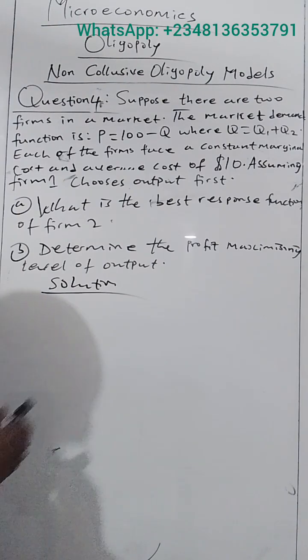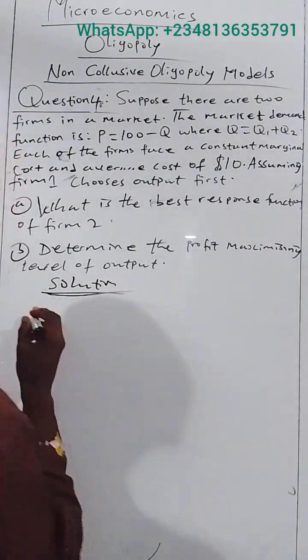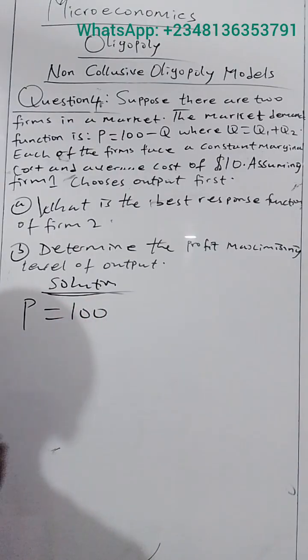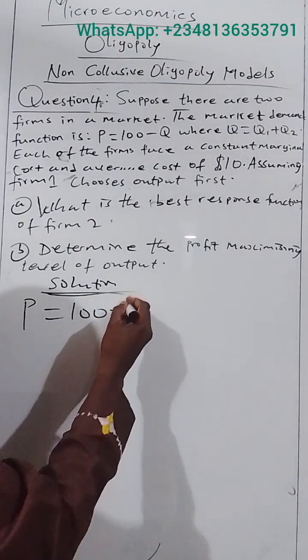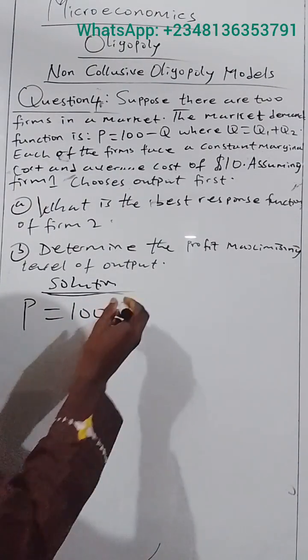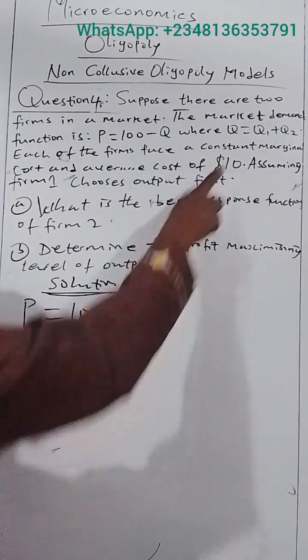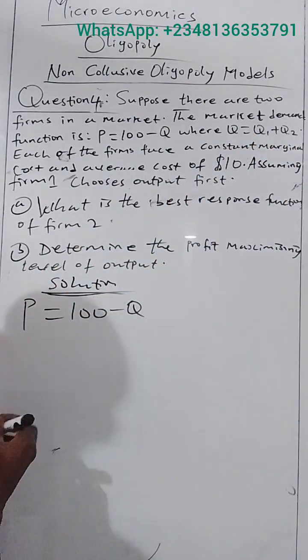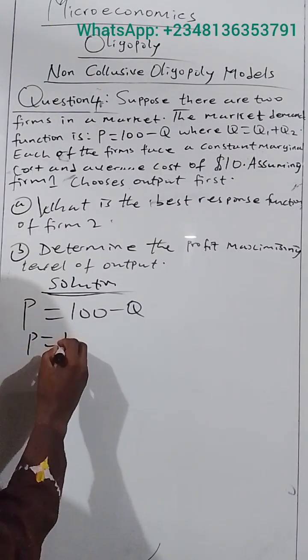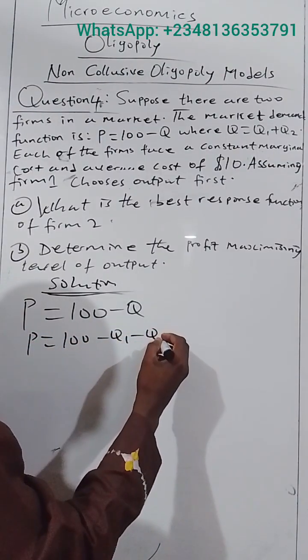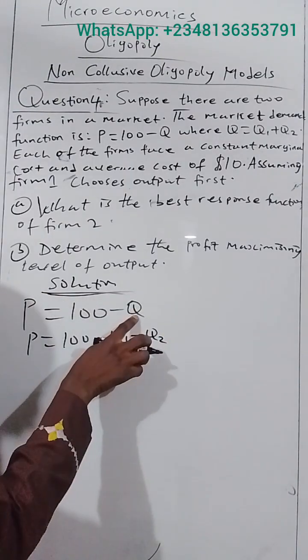What we are going to do is first write out the demand function and replace this Q with Q1 plus Q2. In other words, P equals 100 minus Q1 minus Q2. Don't forget to replace it.